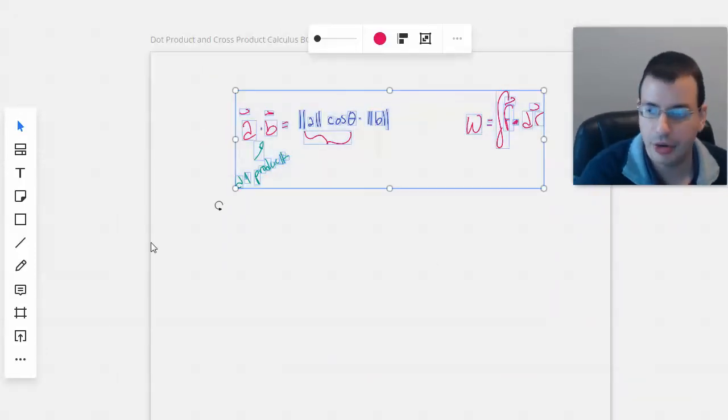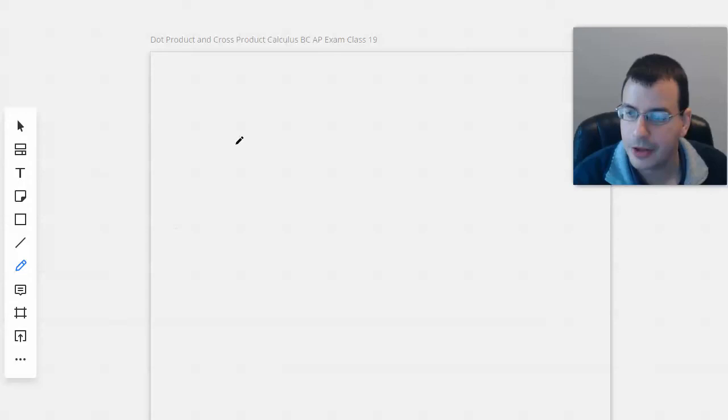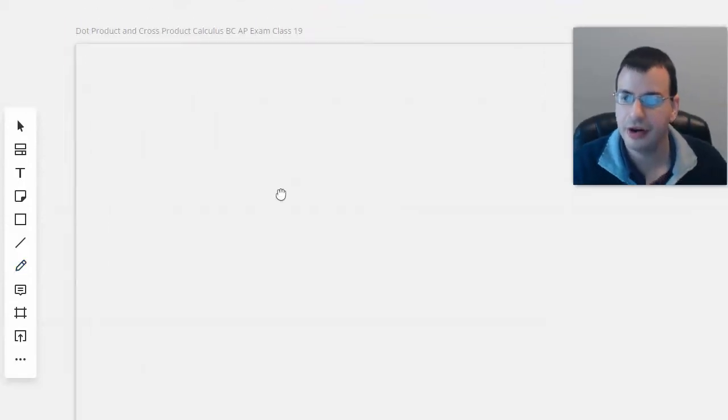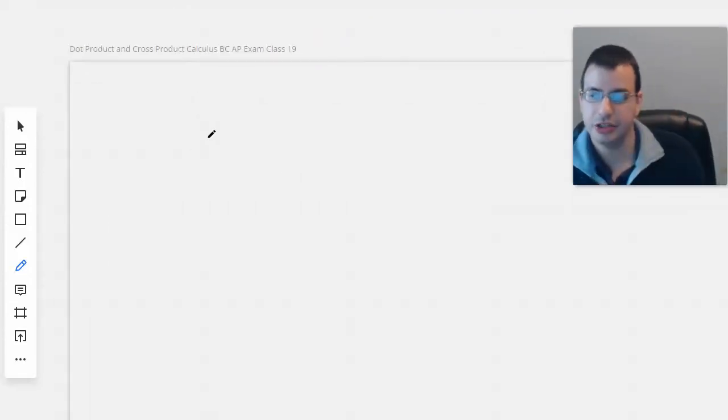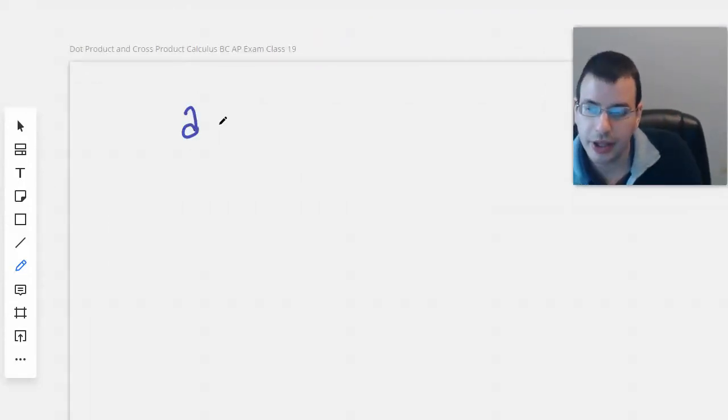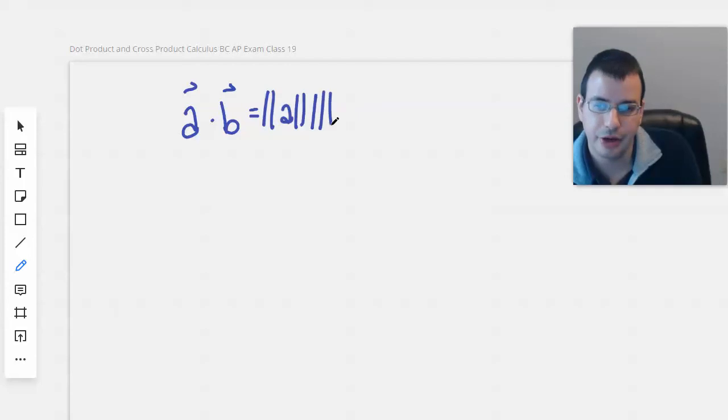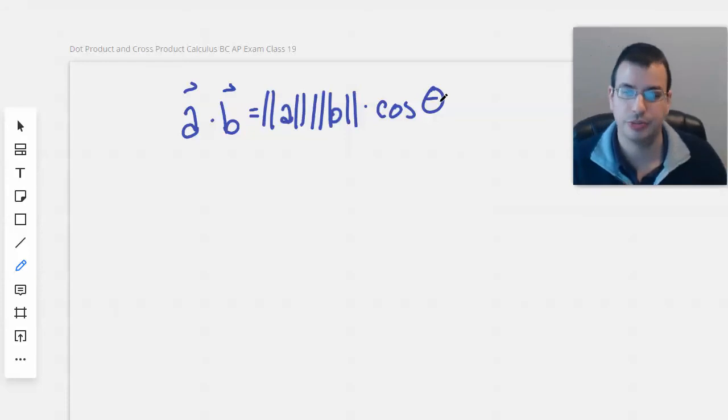So we have A dot B, two vectors, equals the magnitude of A times the magnitude of B times cosine of theta, where theta is the angle between the two.